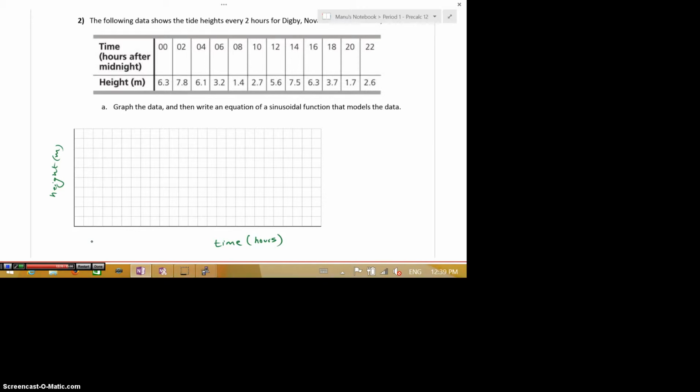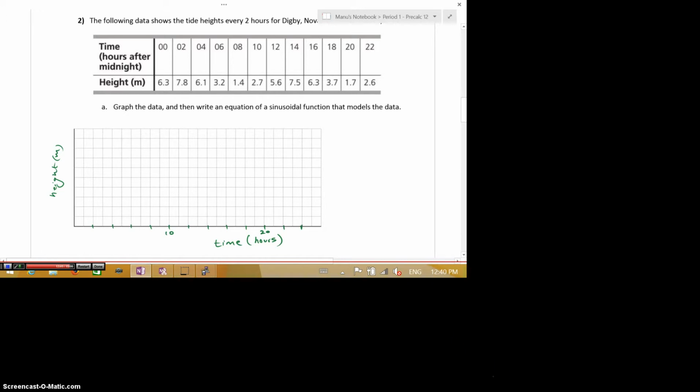Setting up our scale for the x values is really easy. Just look at the data that's given to you, see how far you need to go, what you need to use. I'm going up in scale factors of 2, so I'm going to go 2, 4, 6, 8, 10, 12, 14, 16, 18, 20, 22, 24, and so on and so forth.